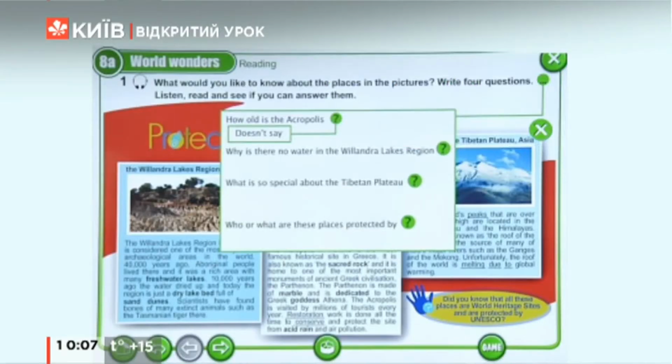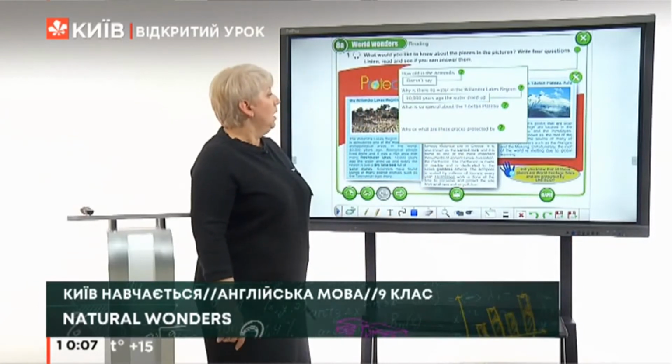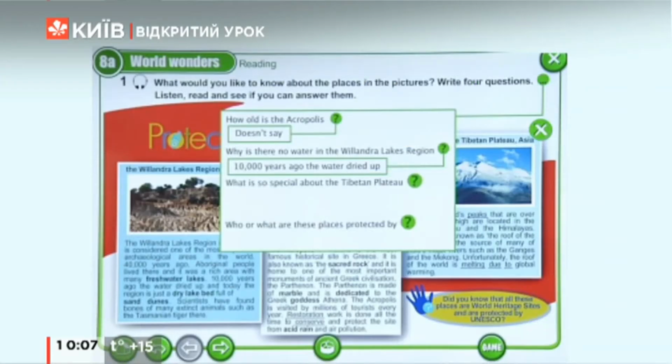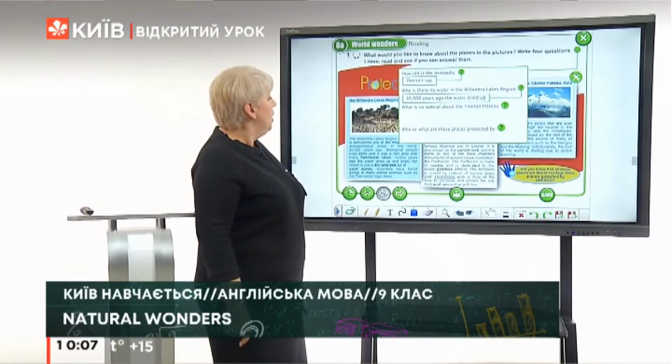The second question, why is there no water in the Willandra Lakes region? Think a bit. What is the reason? Because 10,000 years ago the water dried up. You are smart students.